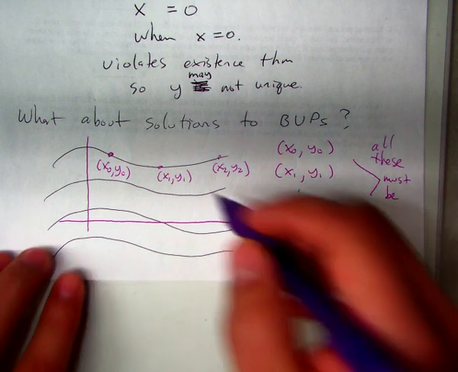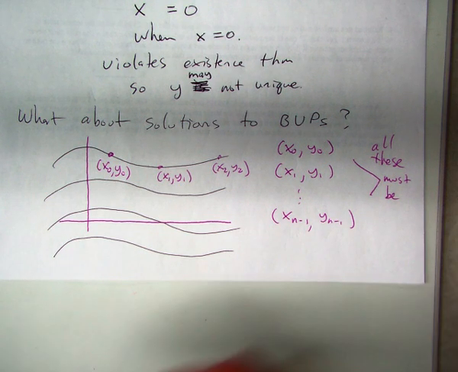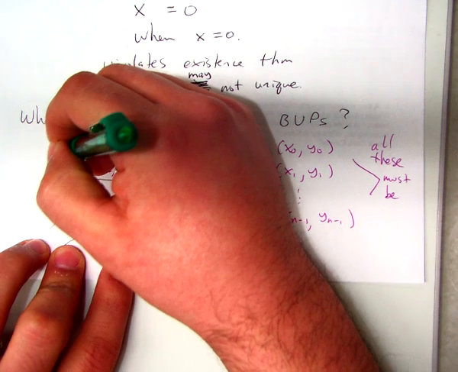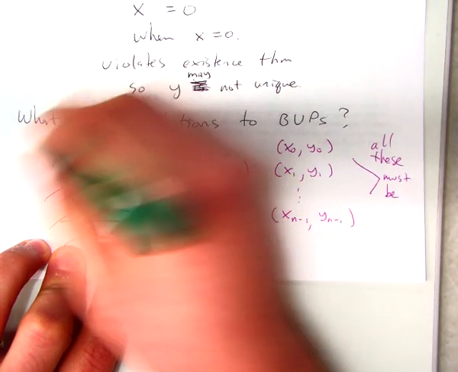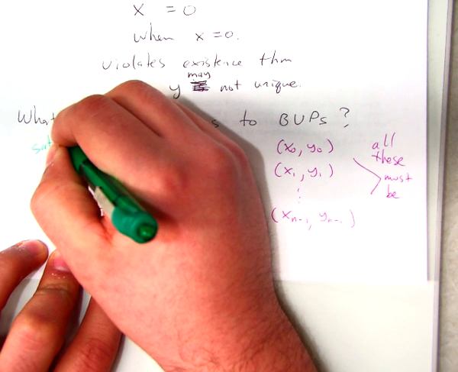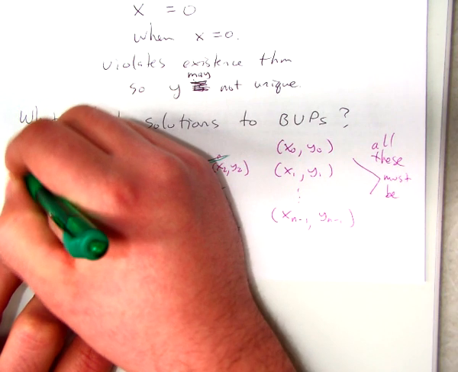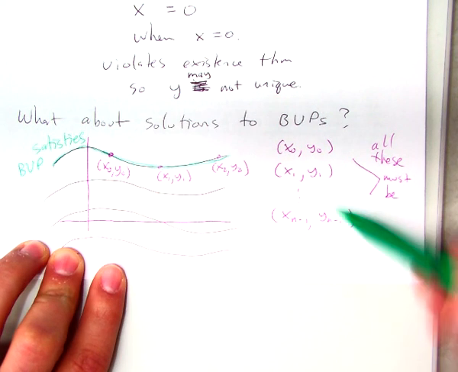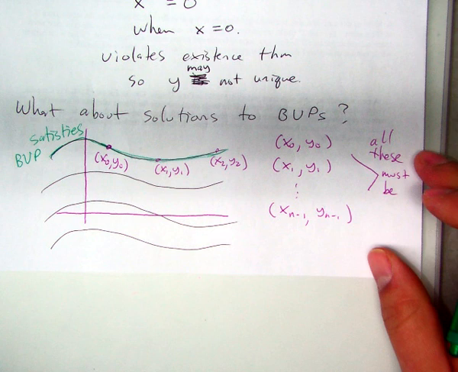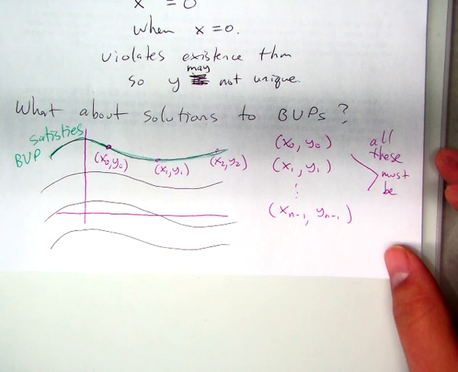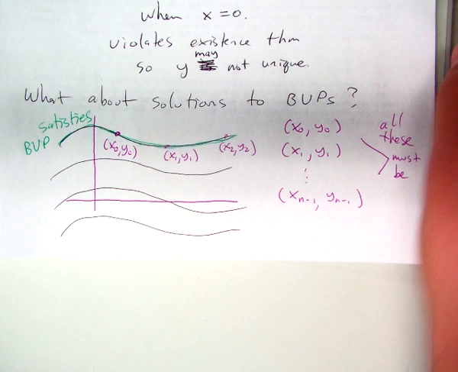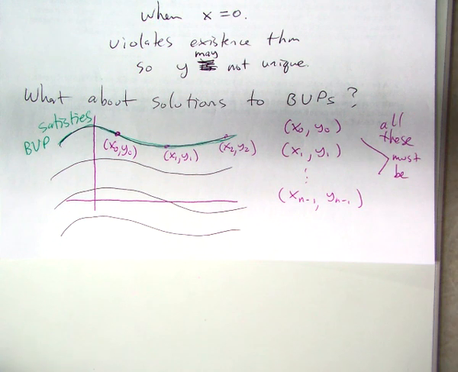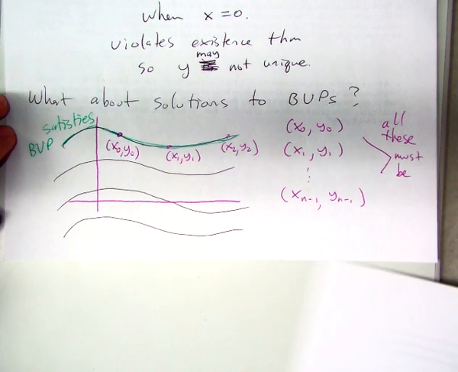Okay, so then we can say that this curve satisfies the BVP since it goes through the required points. Okay, so that's what it looks like geometrically. Let's look at an example in context.